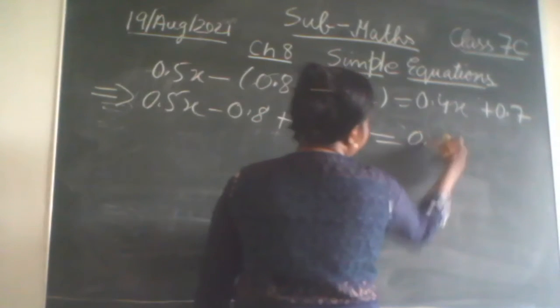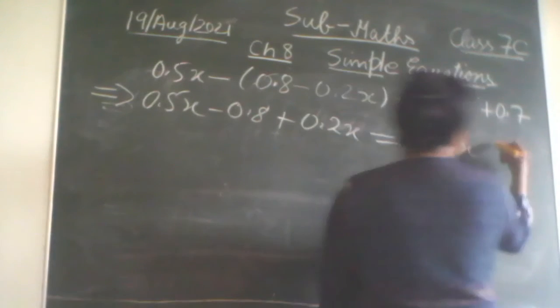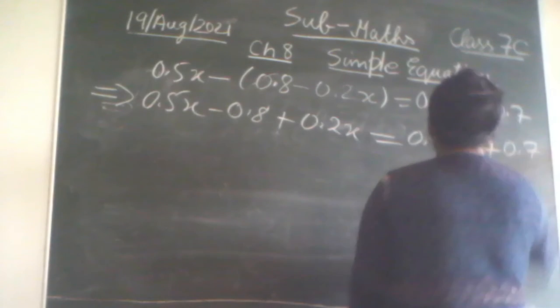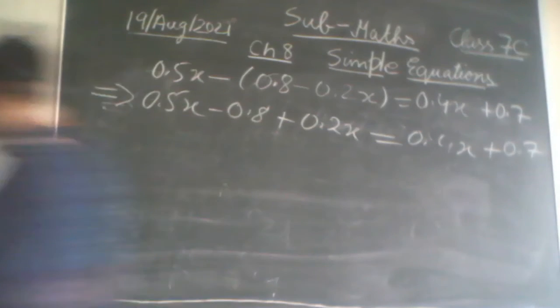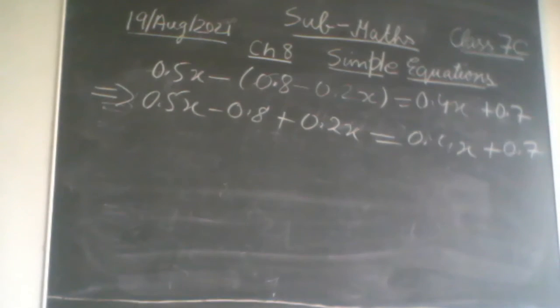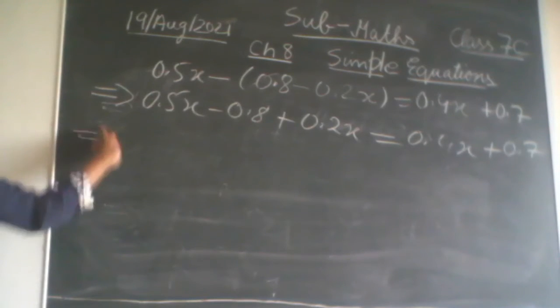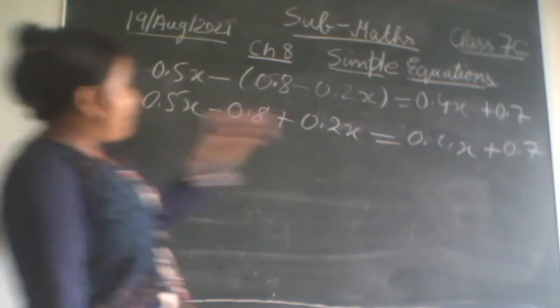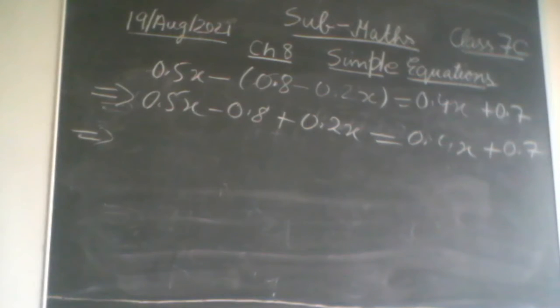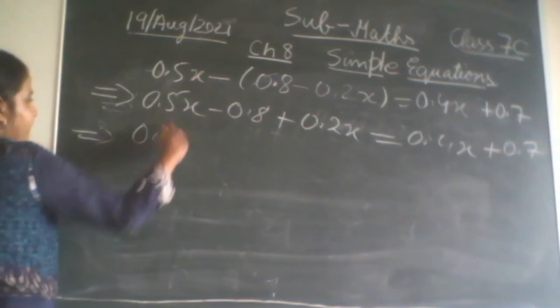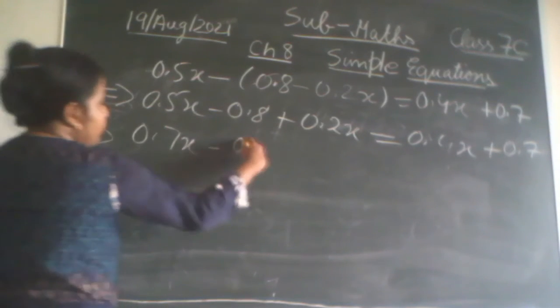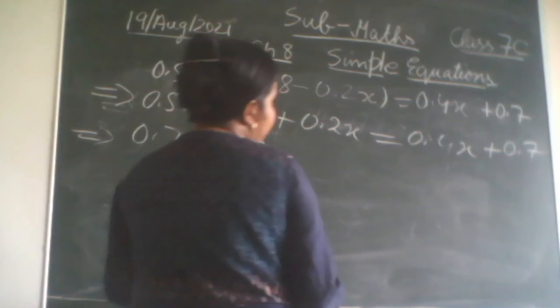Here 0.4x plus 0.7. Clear, am I correct? Okay. Then 0.5 plus 0.2 is how much? Ma'am, 0.7x minus 0.8 and here again copy.